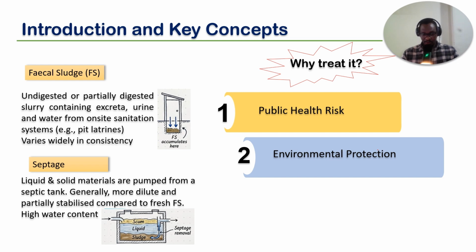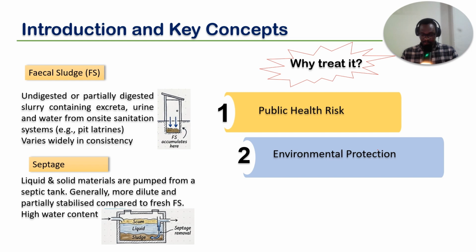And then the other has to do with environmental protection. Here with the environmental protection, we're looking at preventing pollution of water bodies, both surface and groundwater. And this pollution could be a result of nutrients. In this case, we look at the nitrates, phosphates, which cause eutrophication in these water bodies.